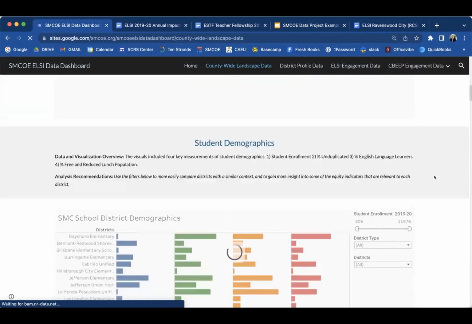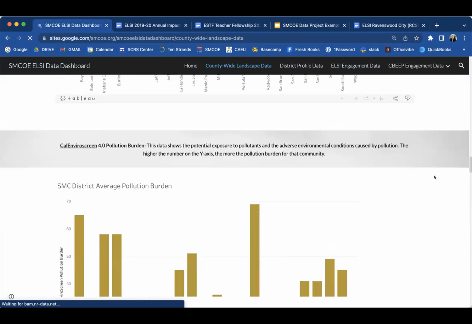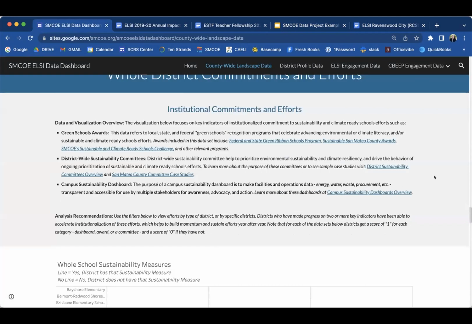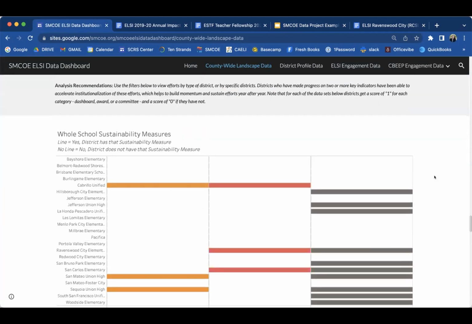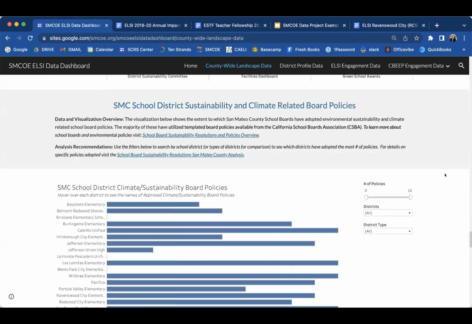So just scroll down to some of these, a lot of which are equity indicators that we were really interested in. But when you get down to here, it helped our partners understand which districts really have a whole district commitment, like having a sustainability committee or a facilities dashboard.